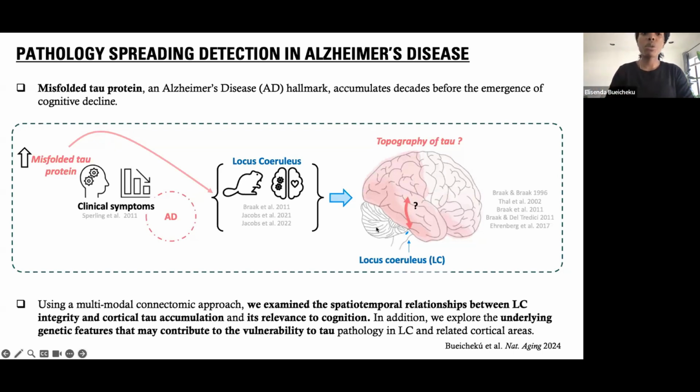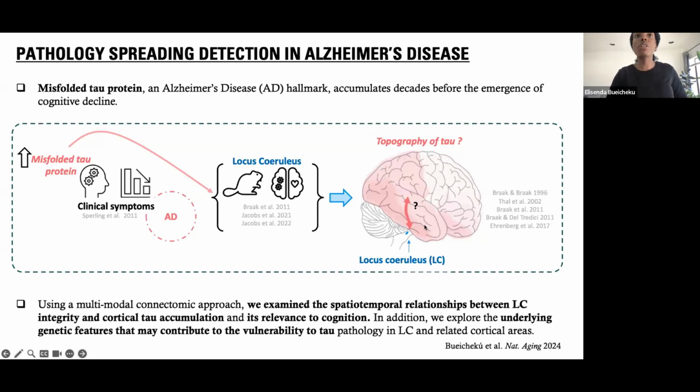We cannot measure tau in the locus coeruleus with the current tau PET imaging. But we can measure tau in the brain, and we can use other imaging modalities as a proxy of what is happening in the locus coeruleus in the brainstem.